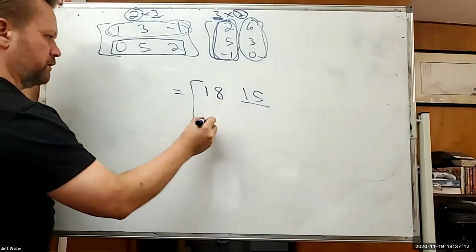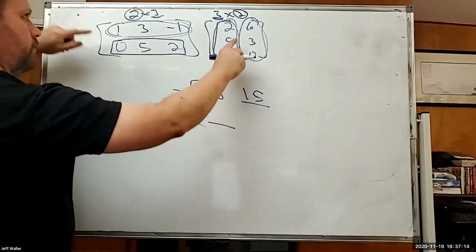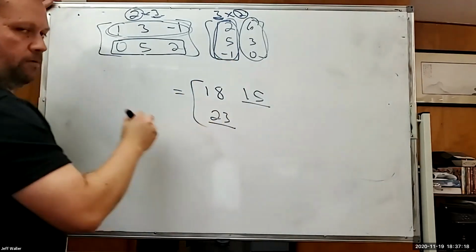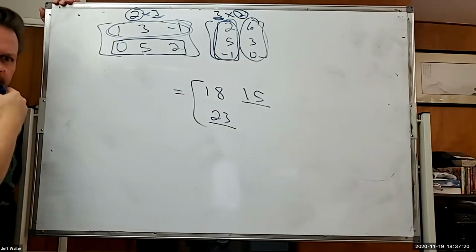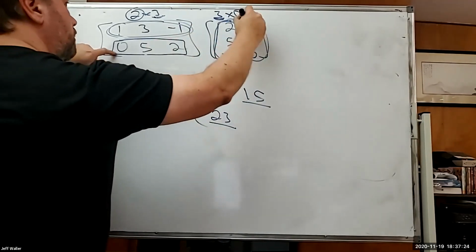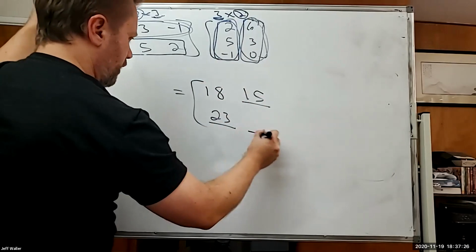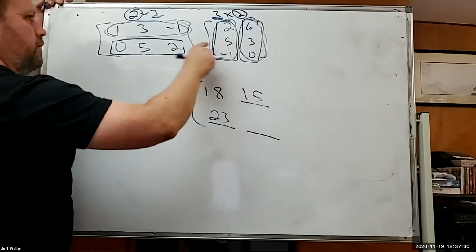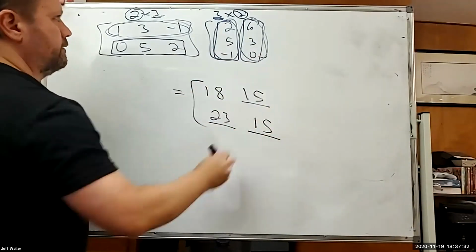Second row, first column is going to be the answer that goes here. 0, 25 minus 2 is 23. And then I do the second row, second column. That's second row, second column. The answer goes here. 0, 15, 0. Okay, that's neat. I like that.